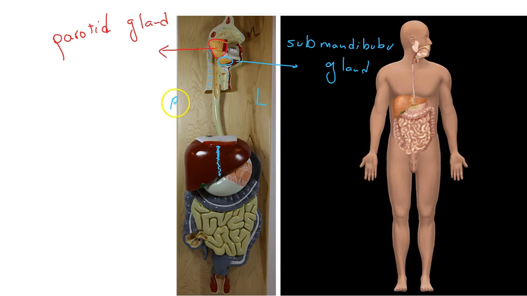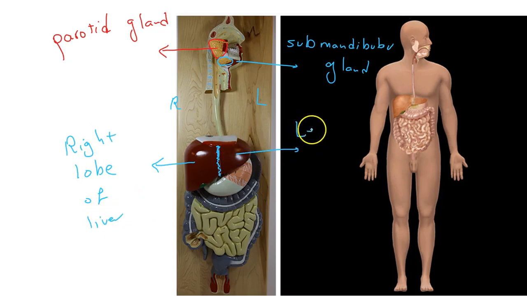This is the right side of my picture or model. So we have the right lobe of liver. The right lobe of the liver is a very huge part of the liver. So we have right lobe of liver on this side, and then this would be left lobe of liver.